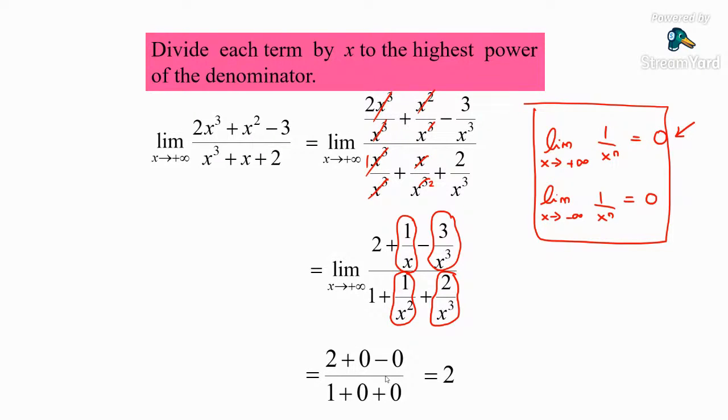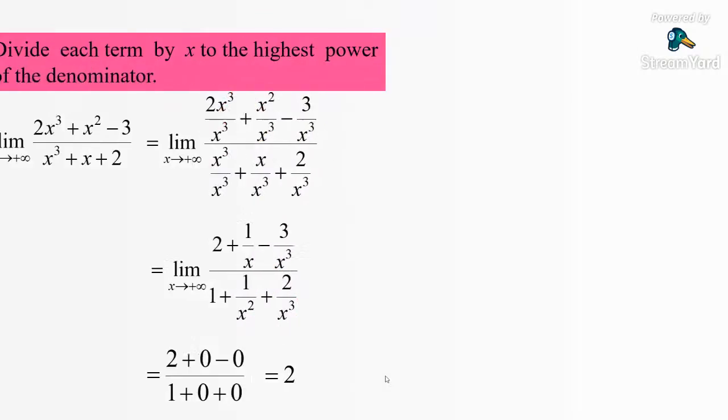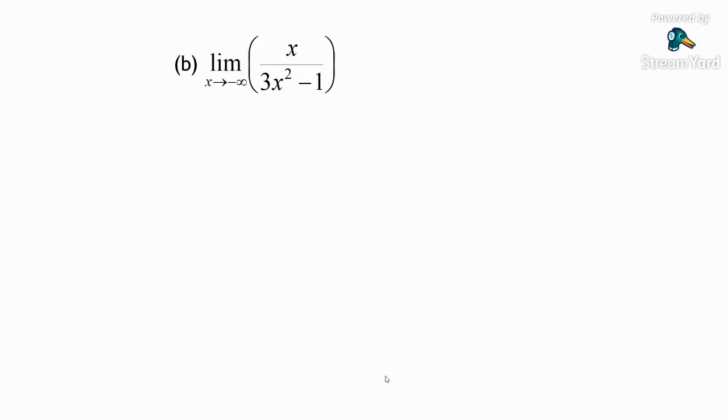Now let us try B. This is the limit as x approaches negative infinity of x over 3x squared minus 1. Perhaps I'll give you 1 minute to try it. What happens if you substitute infinity? Do we have infinity over infinity? If we have infinity over infinity, what do we need to do? So, 1 minute.